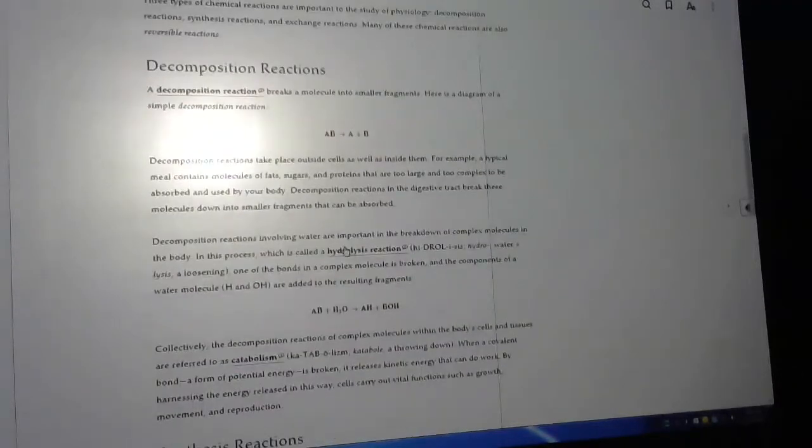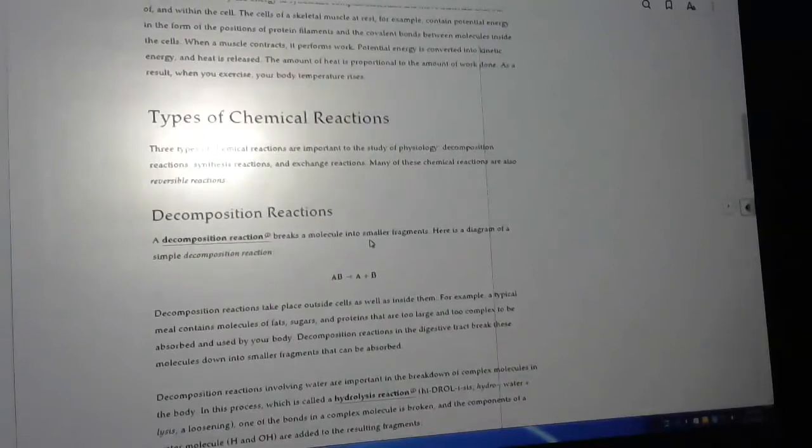So now we have to take this energy and cause it to change reactions. We're going to do some decomposition. Decomposition means to break things down. So for a decomposition reaction, use AB.